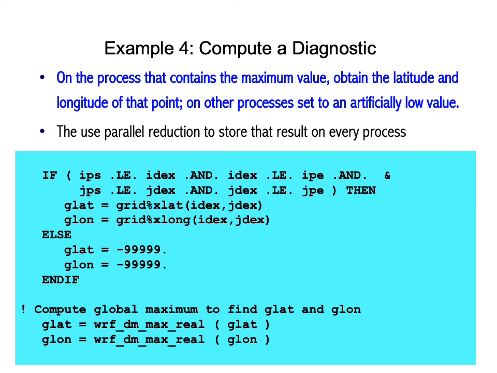Much larger than the flag value of minus 5 nines. So each individual process passes back the GLAT value, and then the master node returns to every single MPI process all the domain-wide latitude and longitude of where that maximum 10-meter wind speed occurred.